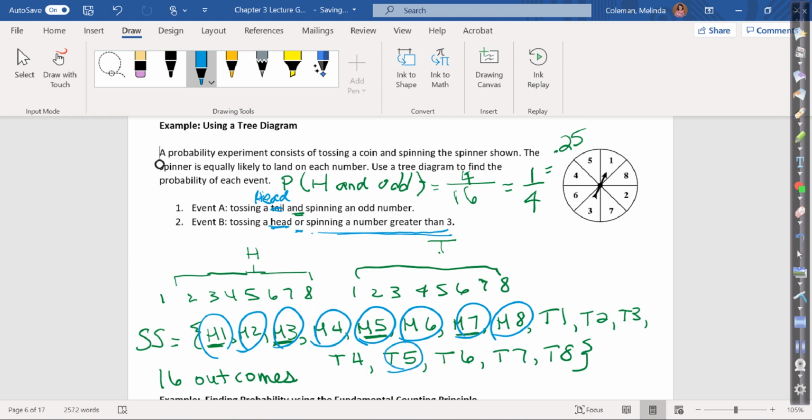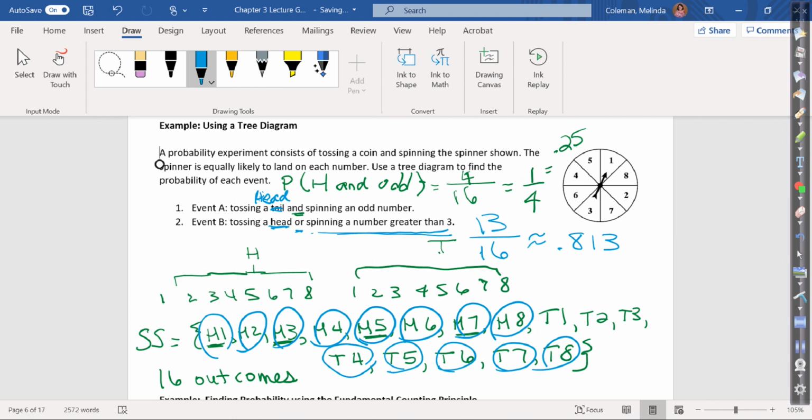So that would be this one, this one, this one, and this one. Oh, greater than 3 also includes the 4, sorry. So this time I have 1, 2, 3, 4, 5, 6, 7, 8, 9, 10, 11, 12, 13 outcomes that fit that event divided by the 16 total, and that's approximately 0.83.